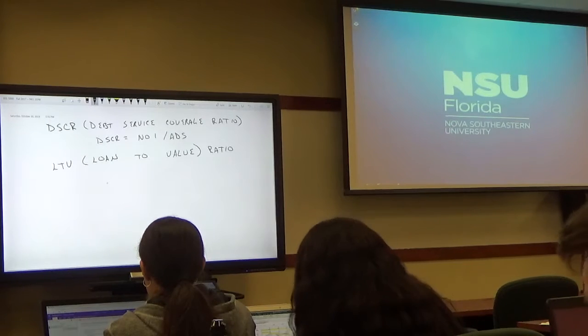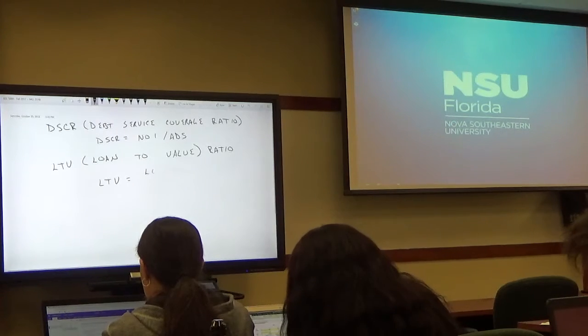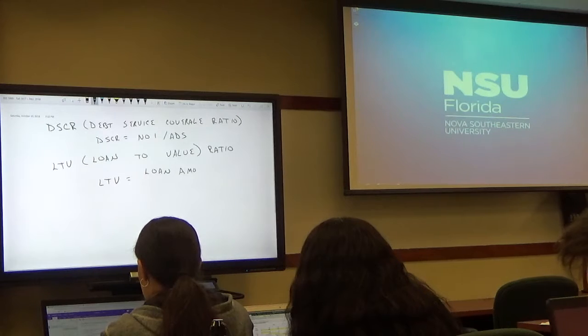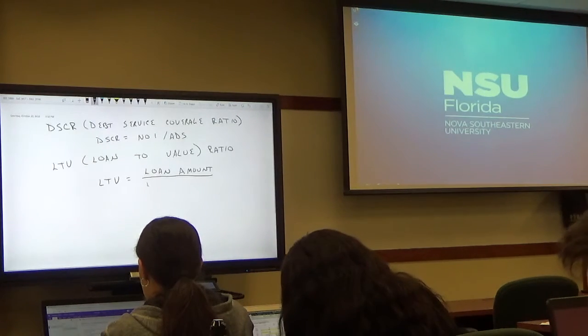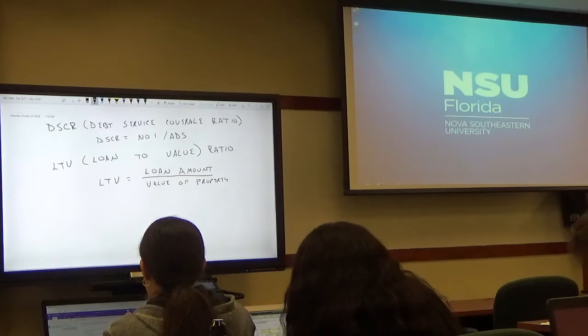And then your loan-to-value ratio is simply looking at the loan amount that a lender is willing to give you relative to the value of the property. Does that make sense?